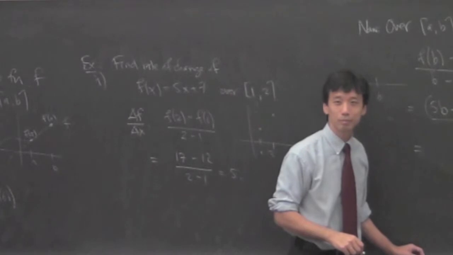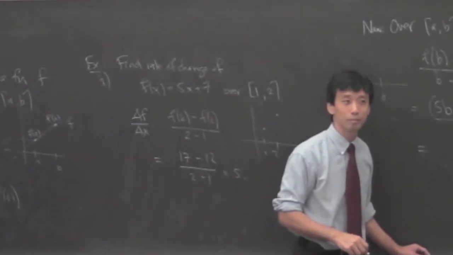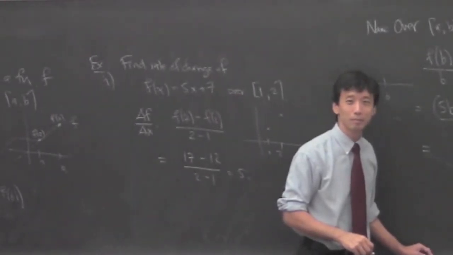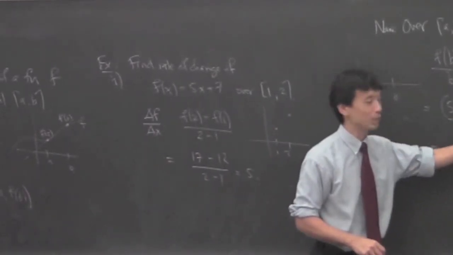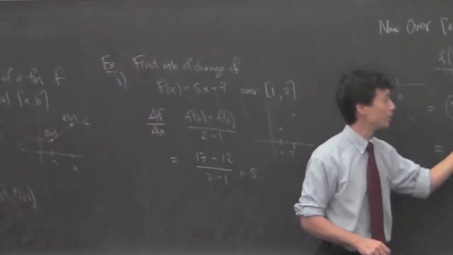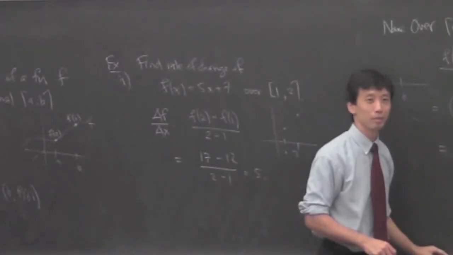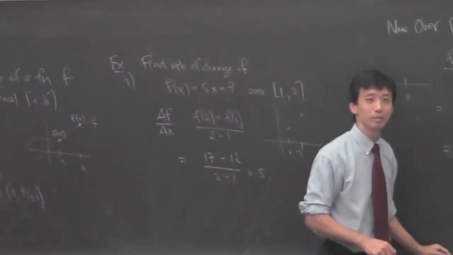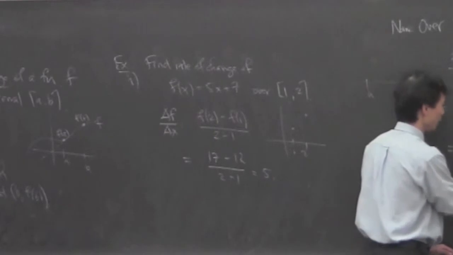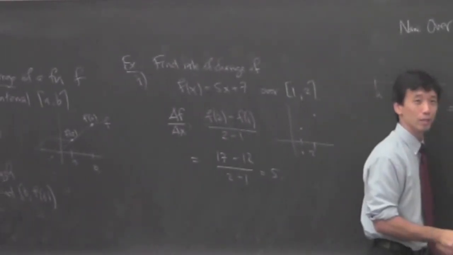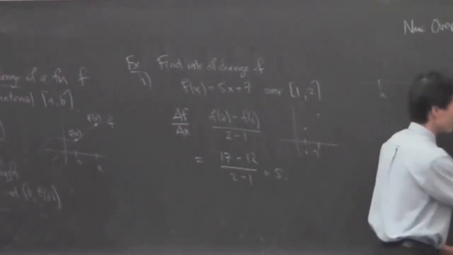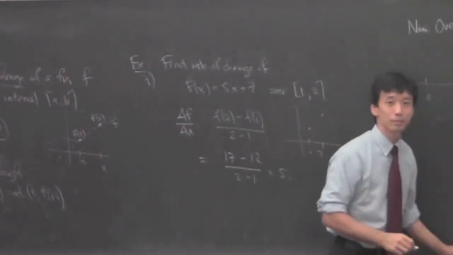What do you get? 5b plus 7 minus 5a plus 7, so 5b minus 5a over b minus a. We get 5.